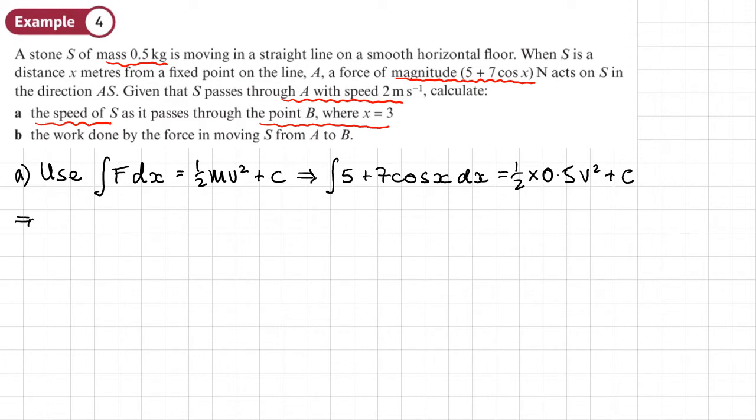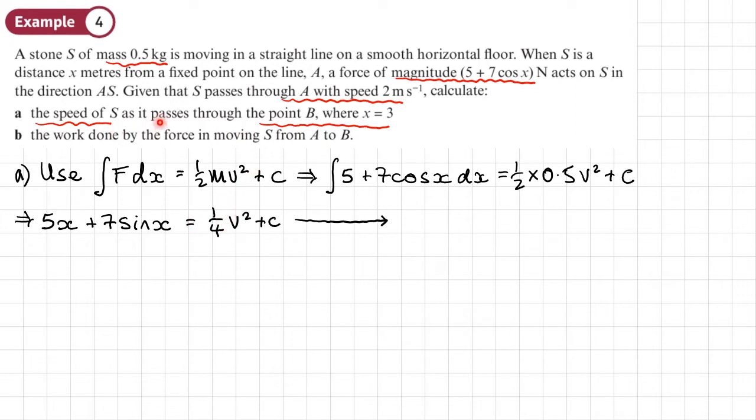We will integrate the left hand side. That will give us 5x plus 7 sine x, because cos integrated is sine, is equal to half of 0.5, which is a quarter, v squared plus c.